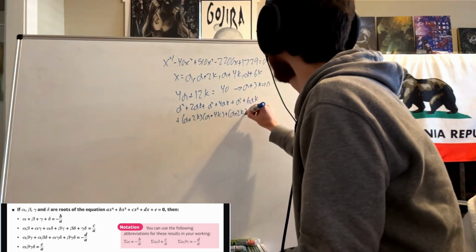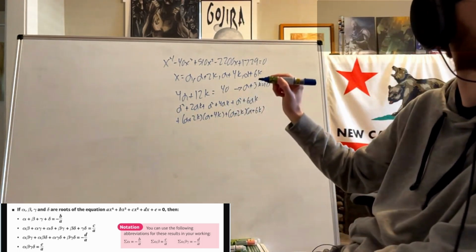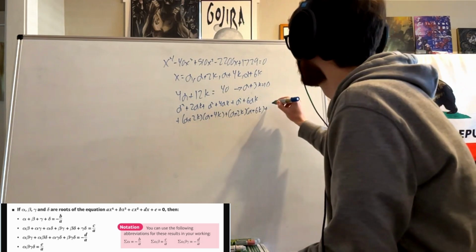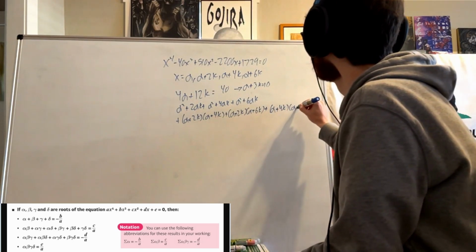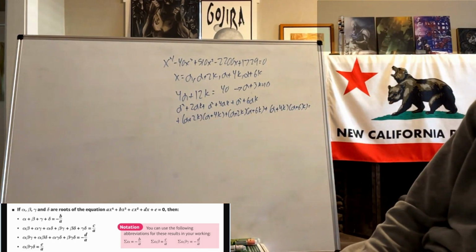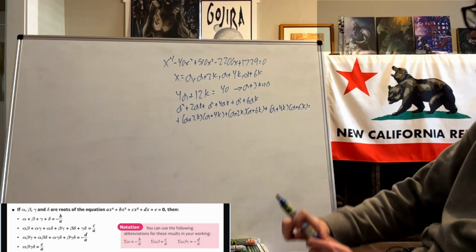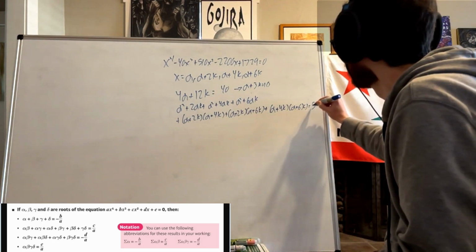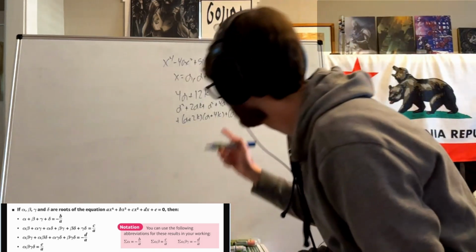Alpha plus 2k, alpha plus 6k. And then gamma delta is equal to c over a. The squared term, 510. I do want to investigate the rational root theorem angle as well here, after we try this.